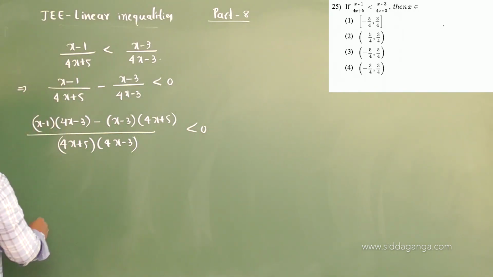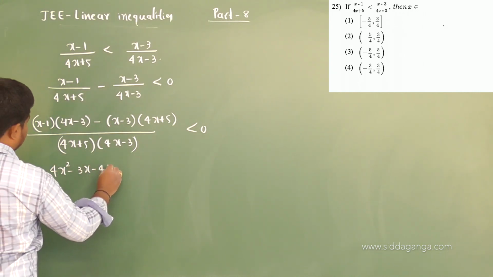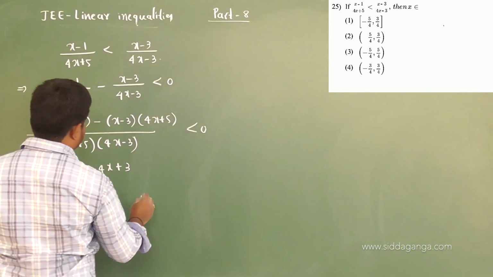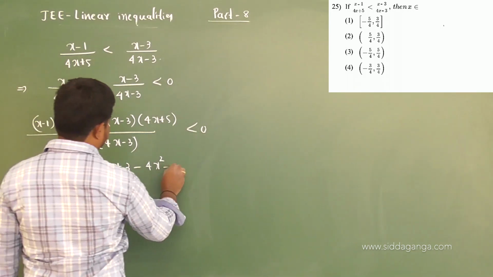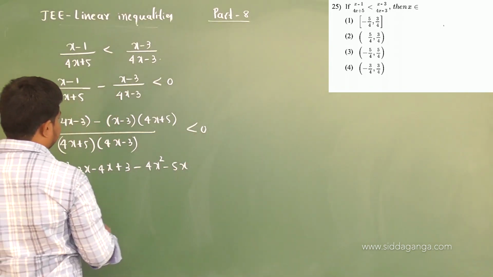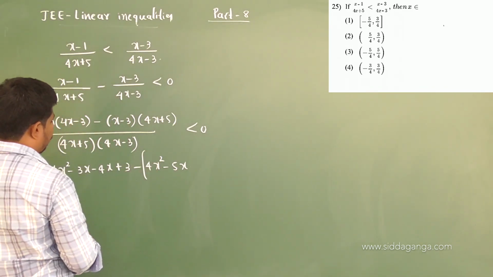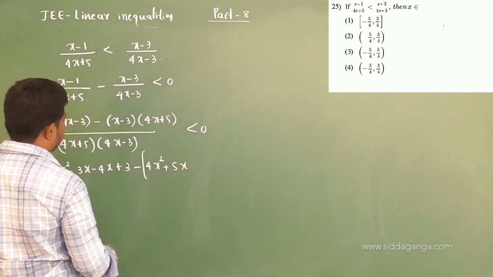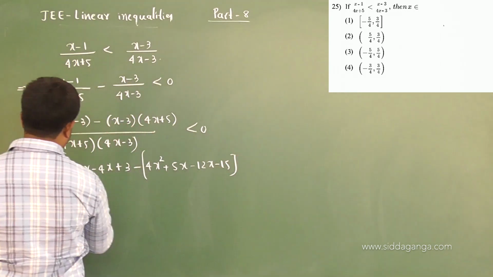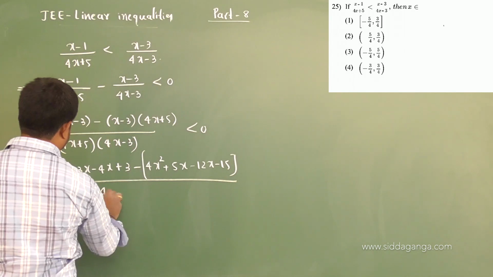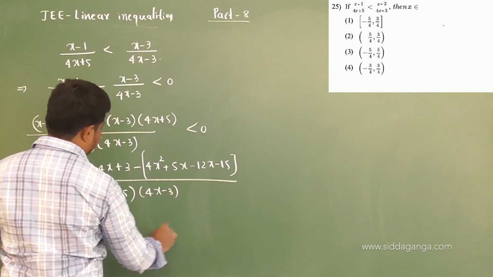On simplification, you get 4x square minus 7x plus 3 minus 4x square plus 7x plus 15 divided by (4x plus 5)(4x minus 3) less than 0.